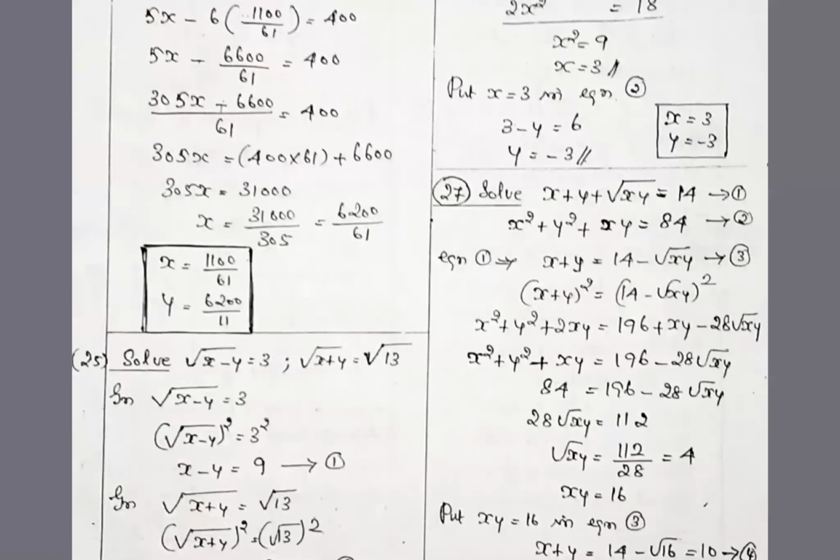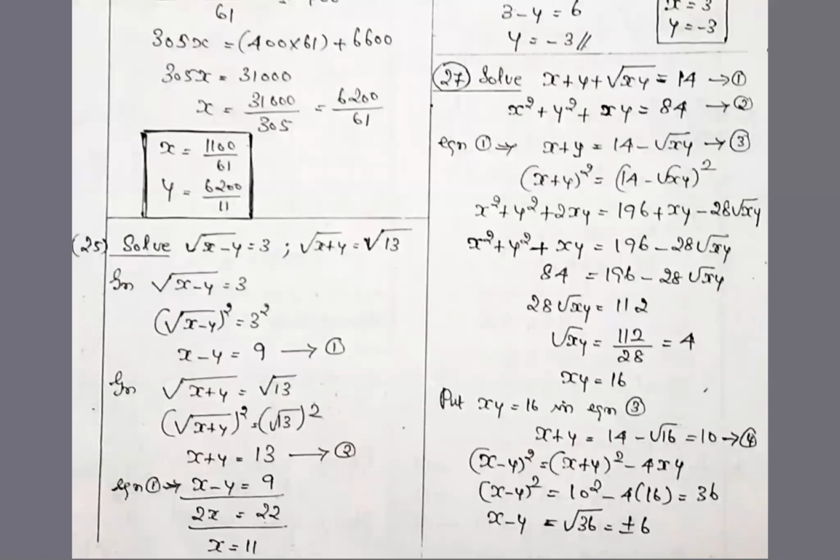Here problem number 25, root of x minus y is equal to 3 and root of x plus y is equal to root 13. In objective type examinations, this type of tough problem they will not ask, because it is a little more tough problem. Equation 1, only thing you remove the root symbol. Taking square on both sides, automatically you will get x minus y is equal to 9, first equation.